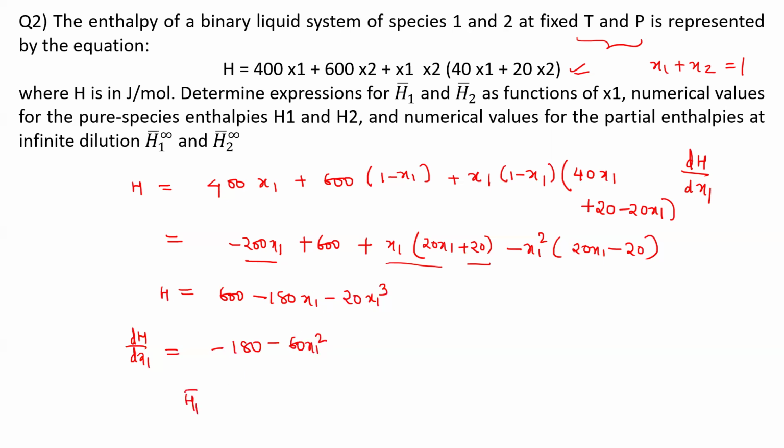So h1 bar is equal to h plus x2 dh by dx1, which gives us h, which is 600 minus 180 x1 minus 20 x1 cube plus x2.